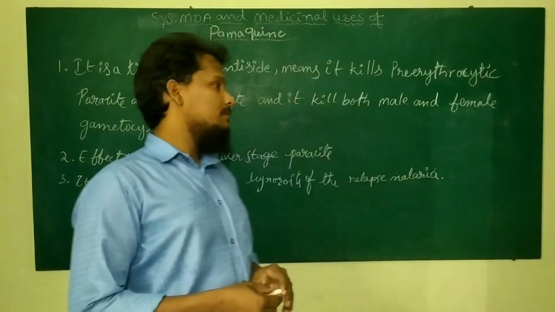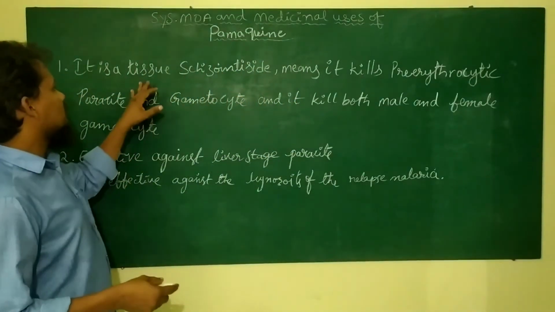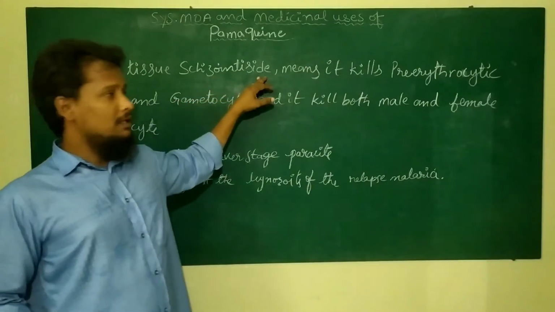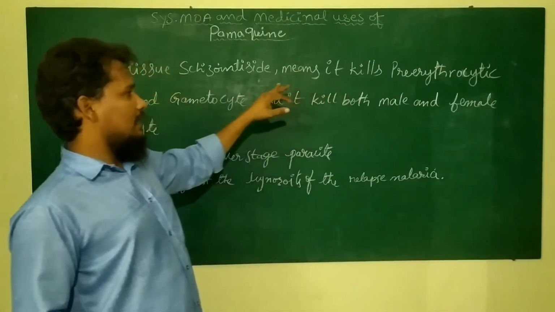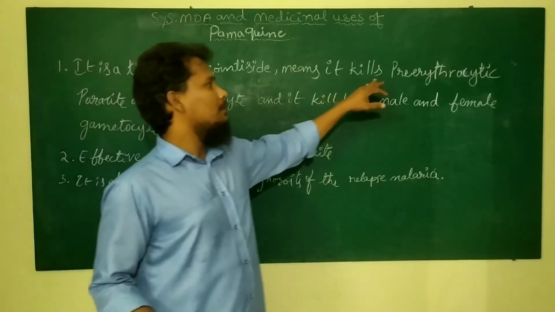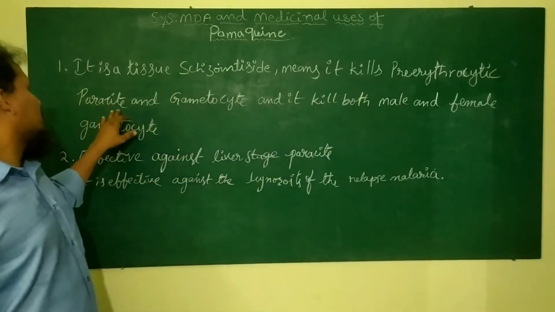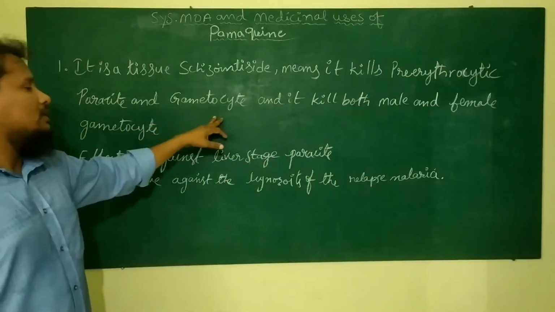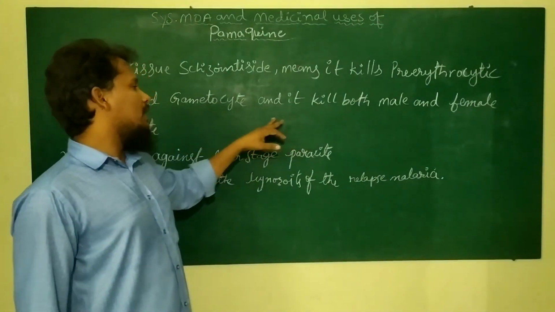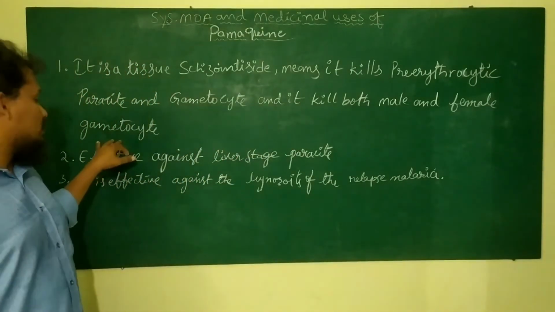Coming to the medicinal uses, it is a tissue schizonticide, means it kills the parasite. It kills the pre-erythrocytic parasite and gametocyte, and it kills both male and female gametocyte.